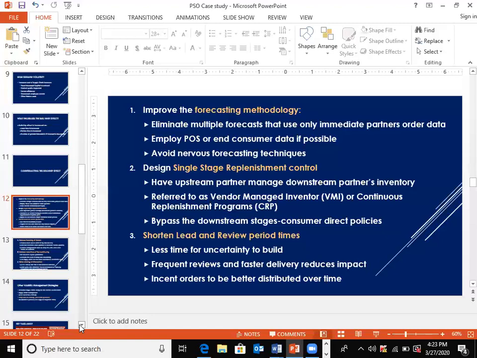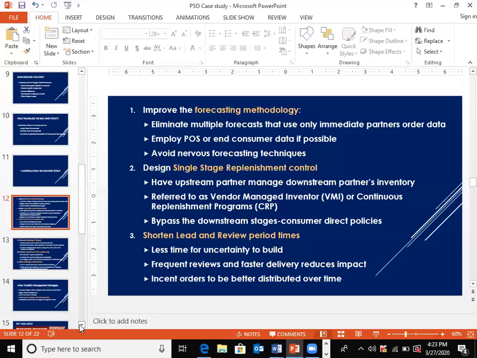So you don't wait for somebody to call you and say, look, the inventory is falling low, can you please manufacture more? This is an example of something called single stage replenishment control. So you're constantly replenishing, you have a replenishing control in place. And so that's the second important point.